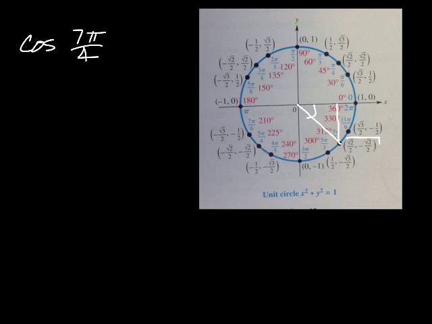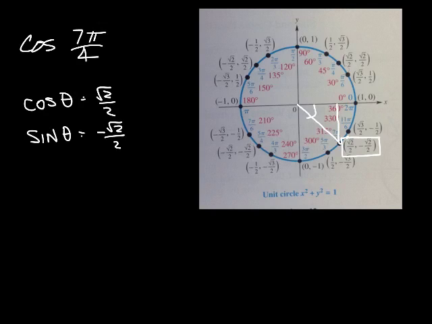Here are my 2 points there. Now if you remember right, the first point is the same as cosine, and that is the square root of 2 over 2. So the cosine of 7 pi over 4 is the square root of 2 over 2. The sine of that is going to be my y value, negative square root of 2 over 2.